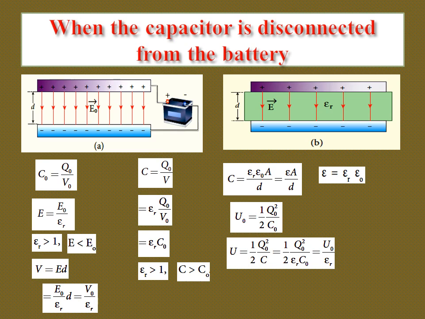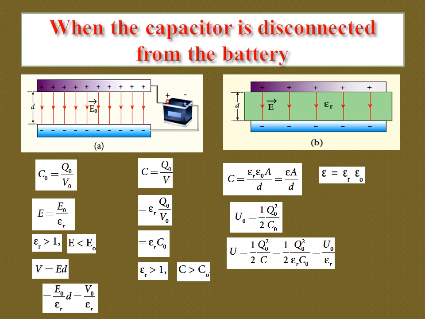So you get your value as half Q naught squared by C, which is equal to half Q naught squared by epsilon R into C naught, or in general it is written as U naught by epsilon R. Can you get the equation? Because U naught is equal to half Q naught squared by C naught.